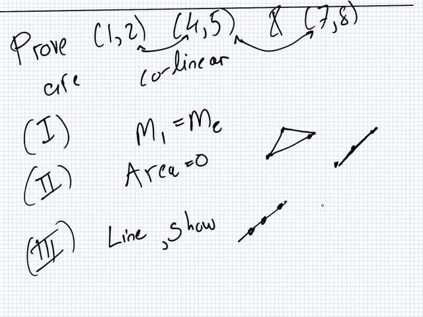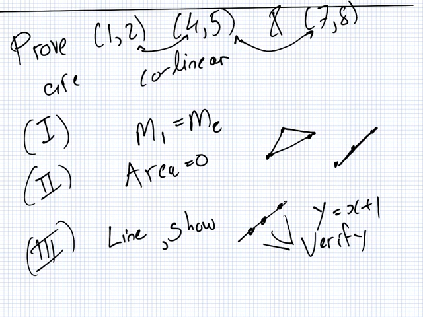In this case, it's actually quite clear to see what the line is. It's y equals x plus 1. So you can verify all three are on the line. That's at least three ways I can think of. Can we think of any more, maybe? Midpoint.